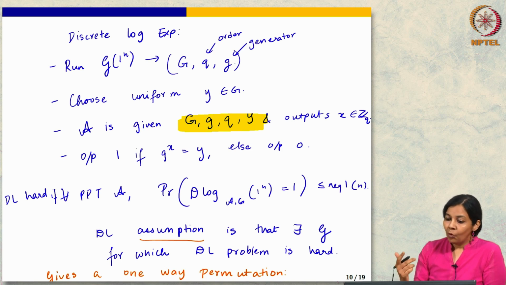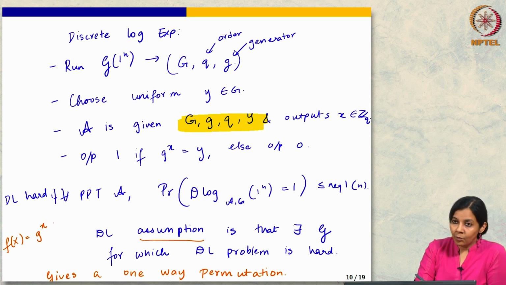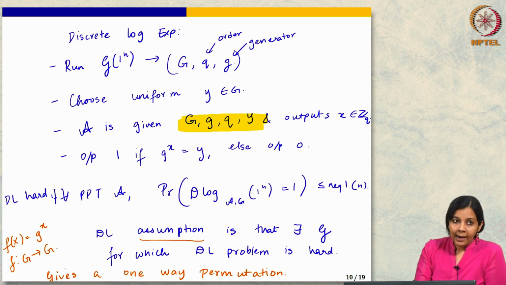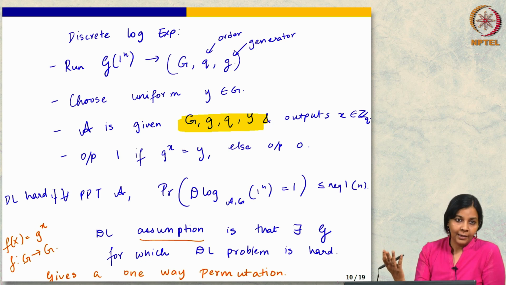If I define my function as f of x equals G to the x in the group, then it is clear that this function is going from G to G. And because small g is a generator, this is going to be a permutation. For every y in G, there will be an x such that G to the x is equal to y. So, this gives us a one way permutation.